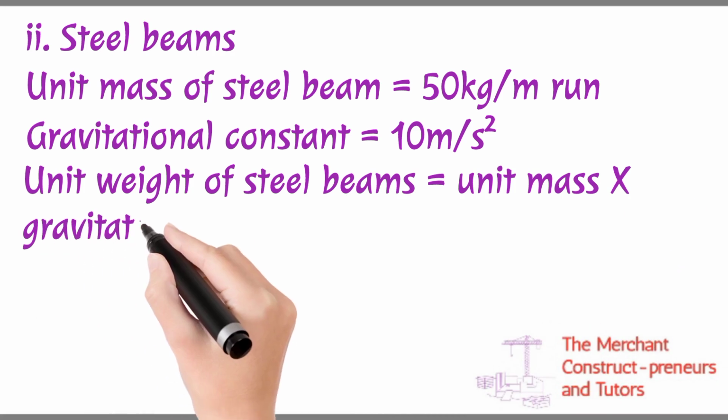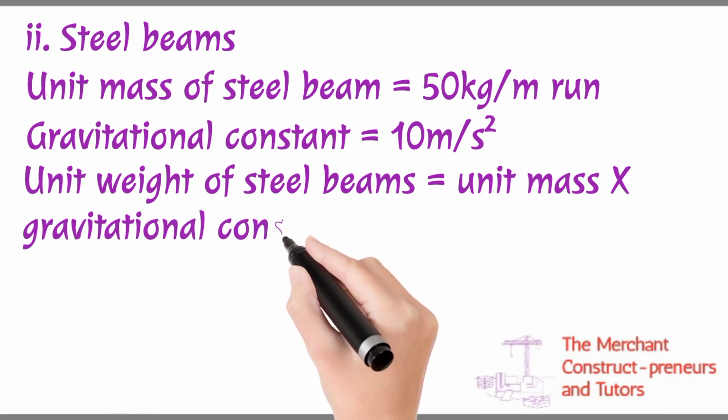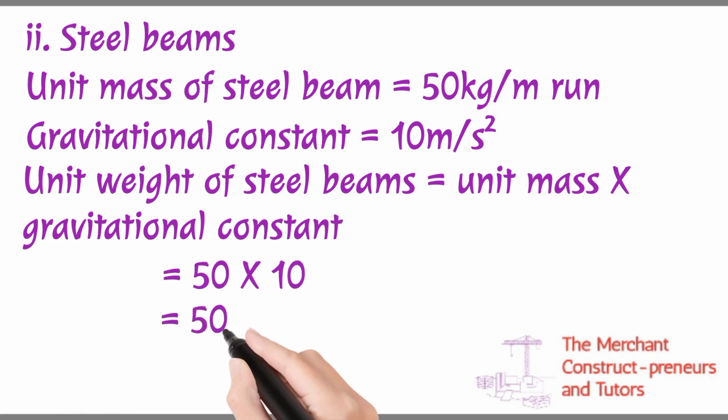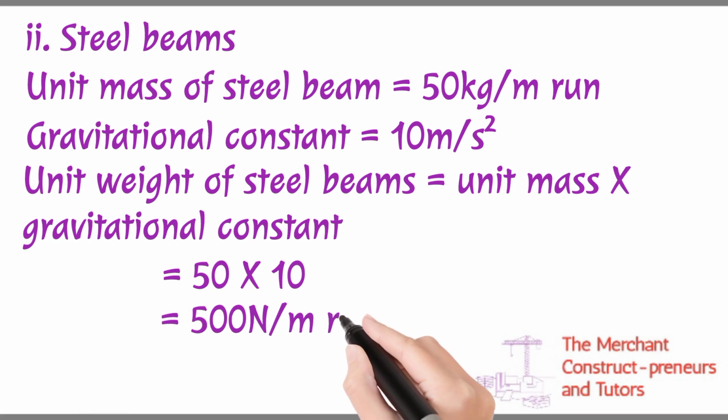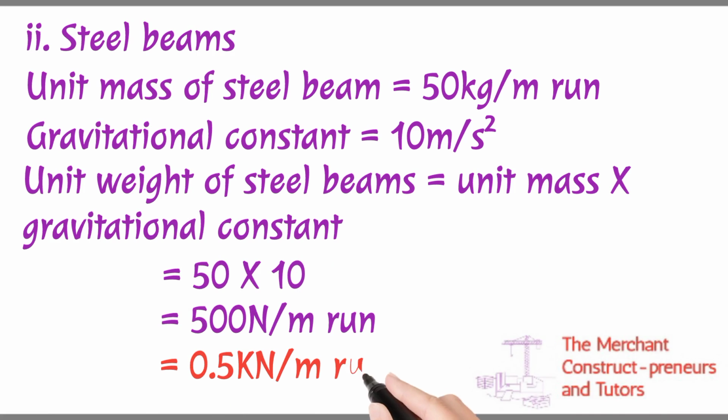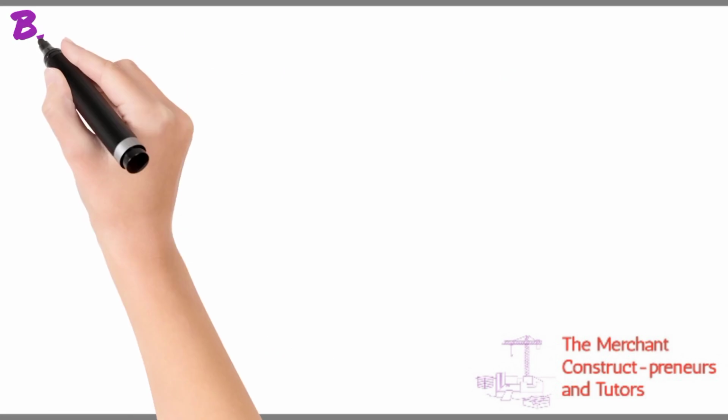Then the unit weight of steel beams is still calculated as unit mass multiplied by gravitational constant. So multiplying 50 by 10, we have 500 Newton per meter run. Converting to kilonewton, so we have uniform units, we have 0.5 kilonewton per meter run.